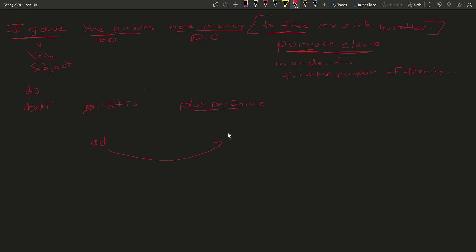So let's think about what to free someone is, which is similar to our word in English, liberty, freedom. So we'll go with this verb, and it is a first conjugation verb. And we need the accusative case, so we'll go with liberandum, ad liberandum. But we also need an object of this because gerunds are by definition verbal nouns, so they also take direct objects.